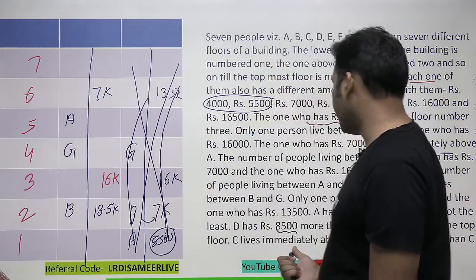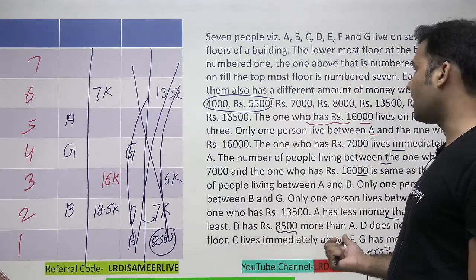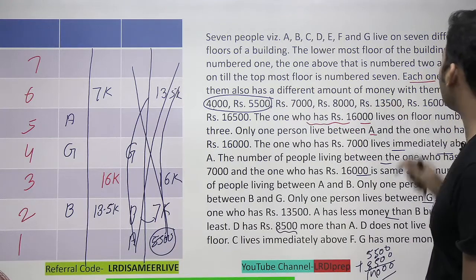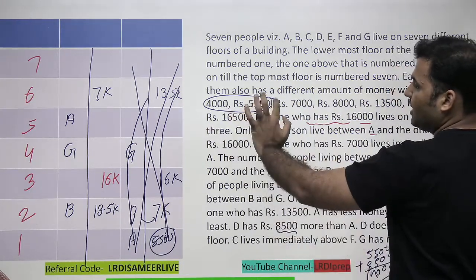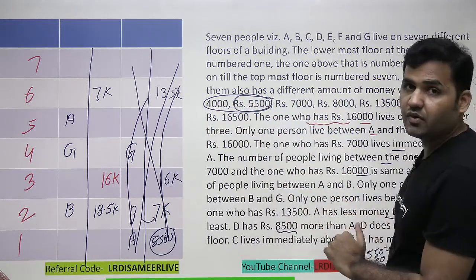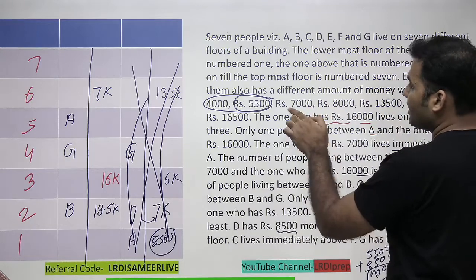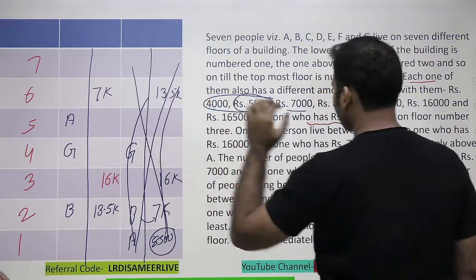Now use this information that D has 8,500 rupees more than A. Now tell me the two values which are at a difference of 8,500. A cannot be having 4,000. If I take A to have 5,500, 5,500 plus 8,500 is 14,000. No amount is equal to 14,000. A cannot have 7,000, it's already there.